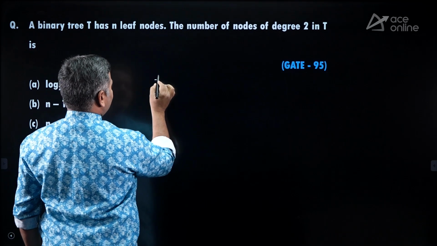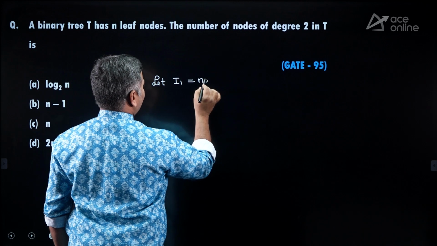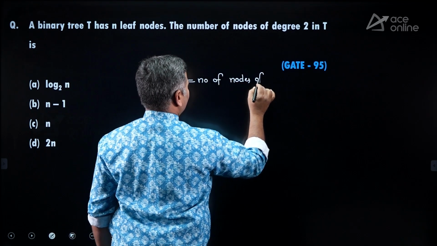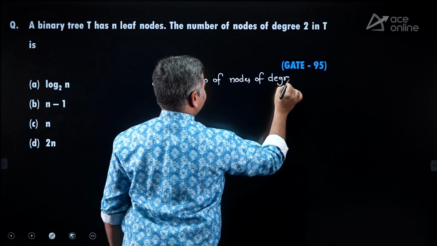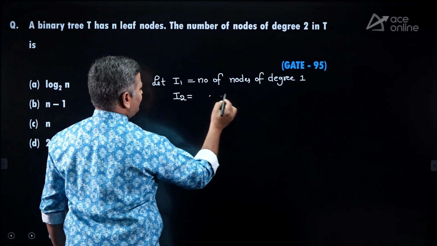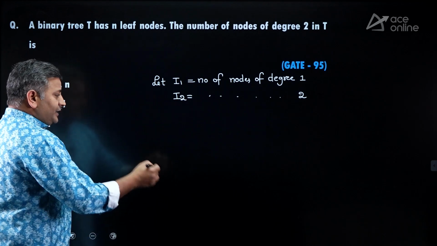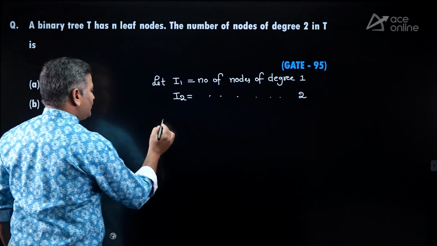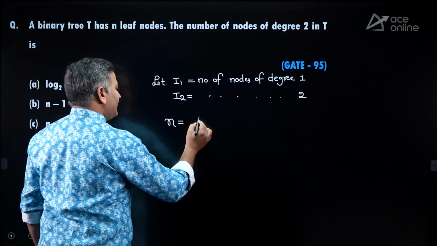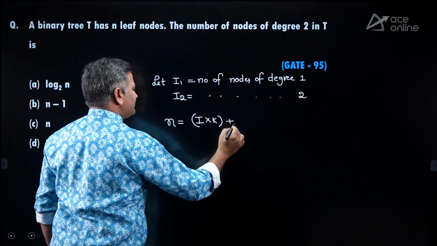I don't know how many nodes there are, so let I1 equal the number of nodes of degree 1, and I2 the number of nodes of degree 2. According to the previous formula, the total number of nodes n is equal to the number of internal nodes into K-ary tree, K plus 1.